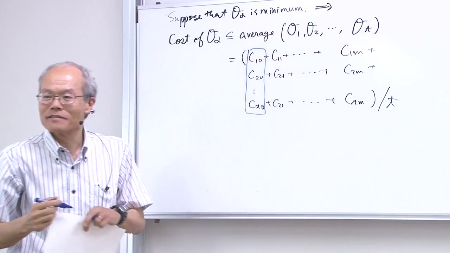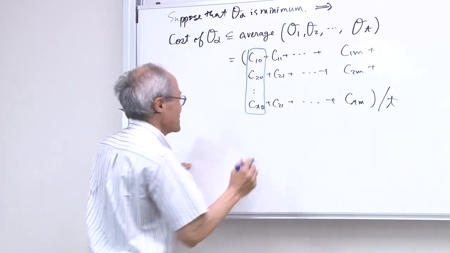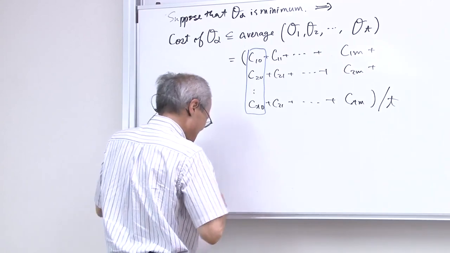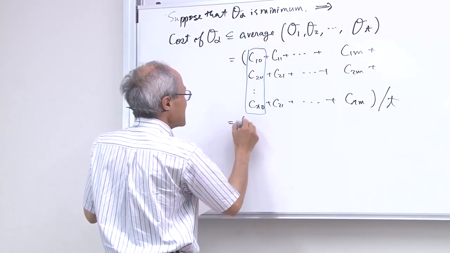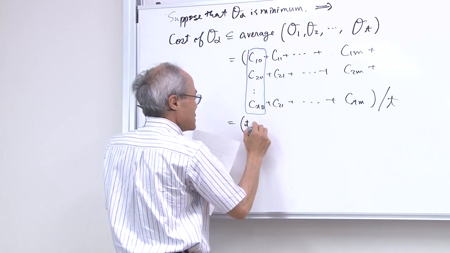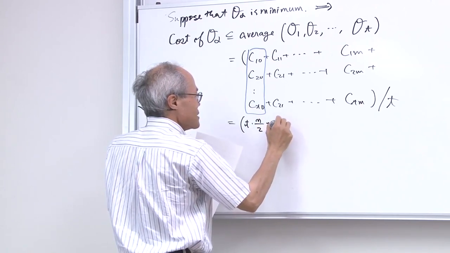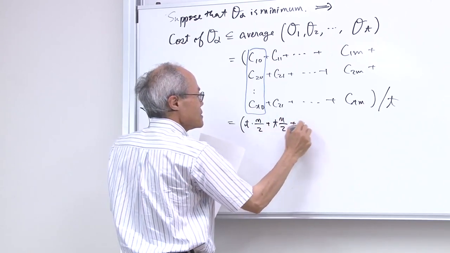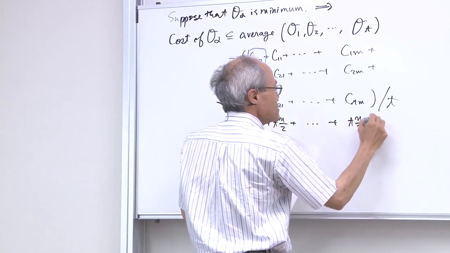We calculate the sum of these values. Then this is equal to t times n over 2 plus t times n over 2 plus t times n over 2.